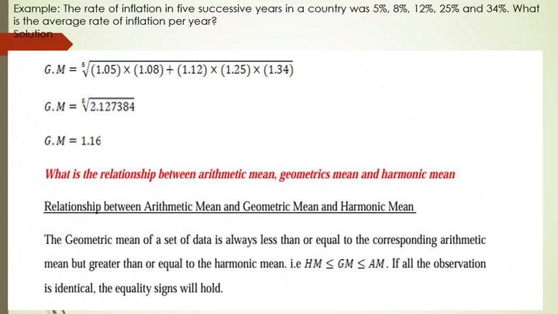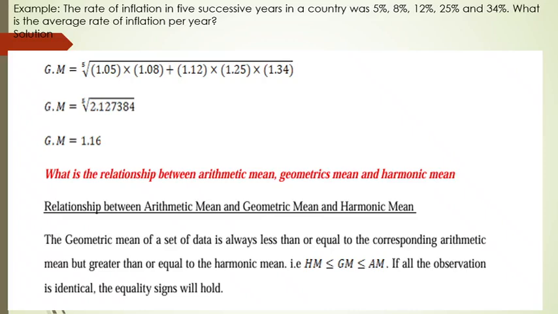5% is 5 divided by 100, which is 0.05. Then we add 1 to it. That is how we arrive at 1.05. The second one is 8%, which is 0.08. We add 1 to it. That is how we arrive at 1.08. Then we do the same for the third, fourth, like that.